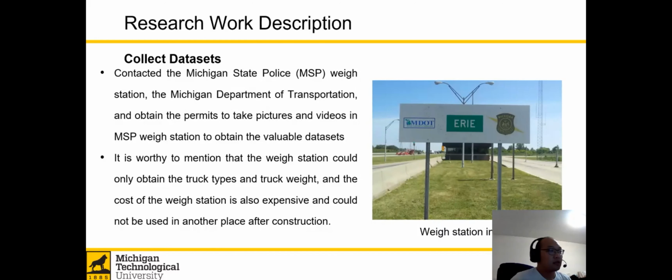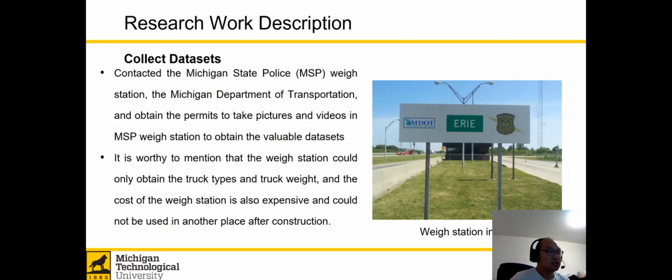In order to get the data, we contacted the Michigan State Police weigh station and also Michigan DOT to obtain the permit to get the pictures and videos in the weigh stations to obtain a valuable dataset. I also have to mention that in the weigh stations, they can only obtain the truck types and also the truck weight.